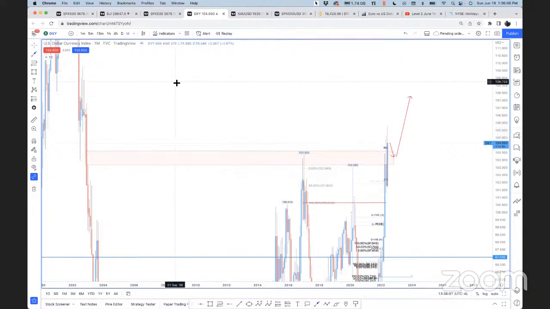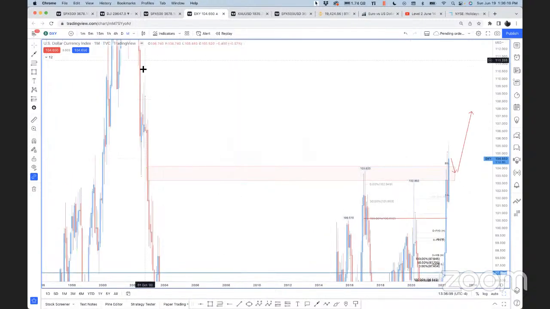And there's another little imbalance from the monthly that's been left behind right here. Monthly right here. And we already rejected it a long time ago over here. And that's what I think it is targeting right now. And with all the news about the Fed raising the rates and stuff like that, that should probably get us in this area.